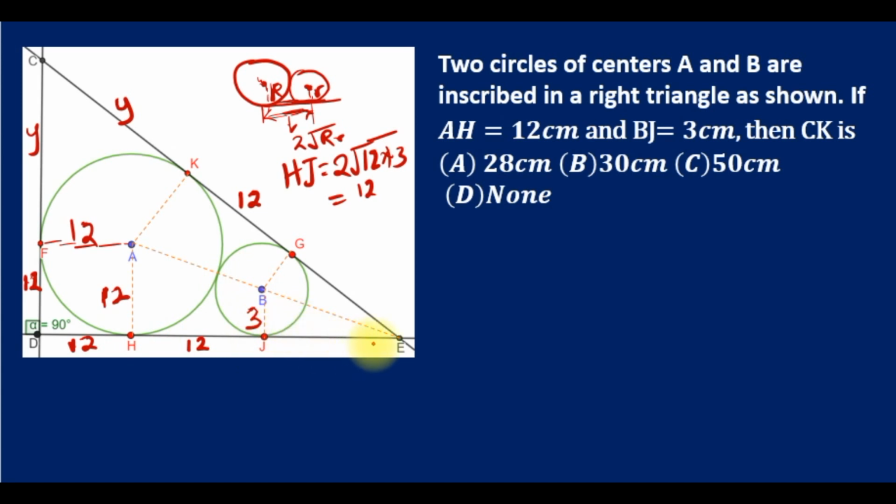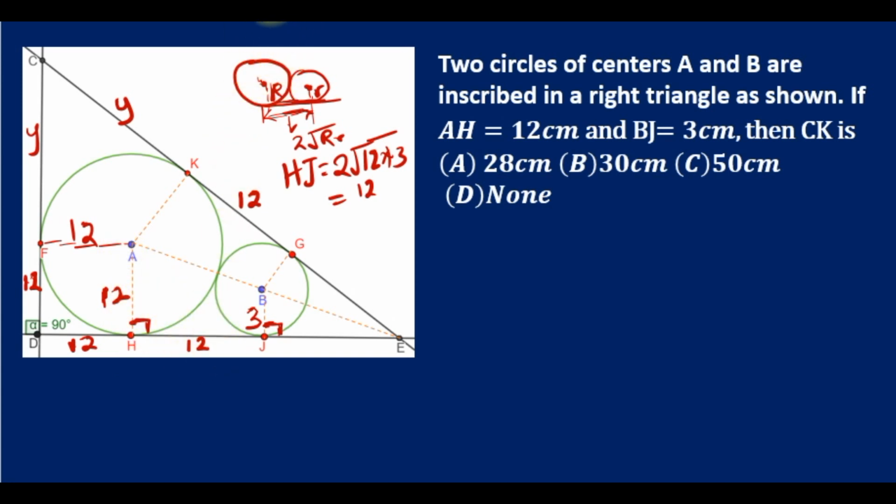So the next thing is to get here. And once we know here, we've known here, these two lengths are equal. So using the right triangle similarity theorem, every tangent line is perpendicular to the radius. So these two triangles, EJB and triangle EHA, are similar.